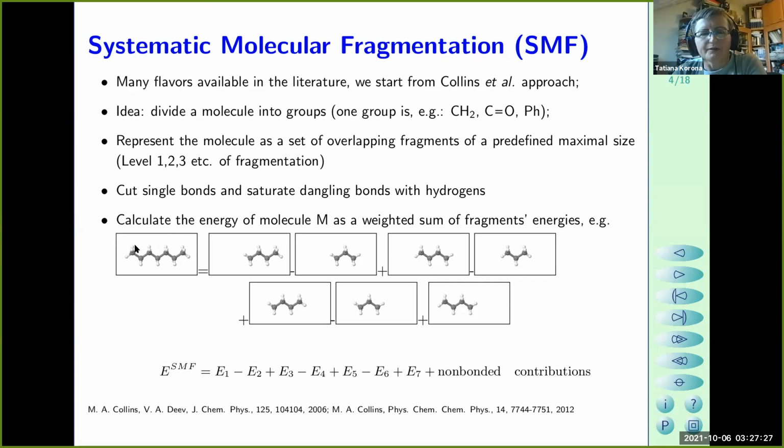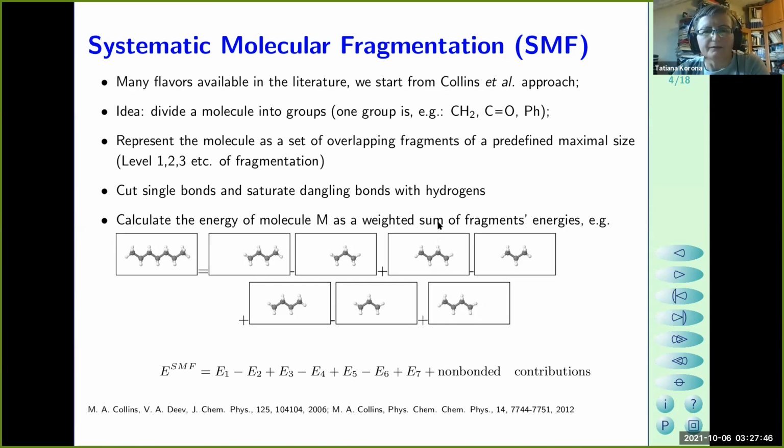Here is a simple example to show how this works. The energy is then composed as a weighted sum of energies of these fragments plus some non-bonded contributions.